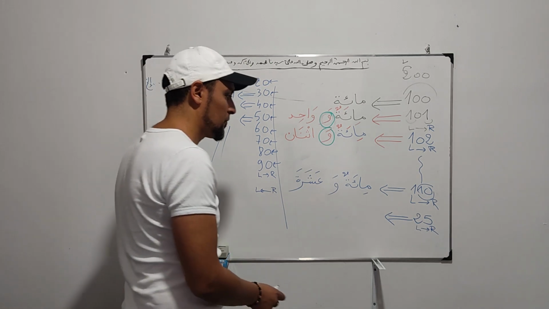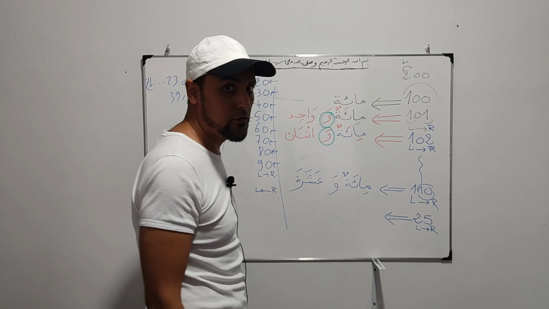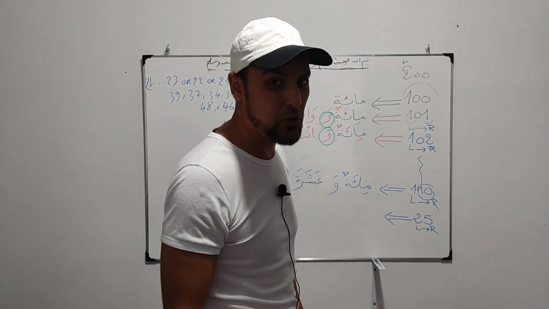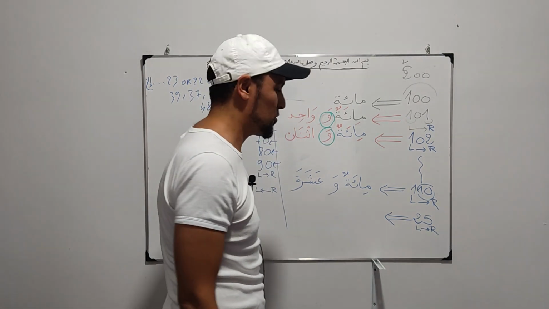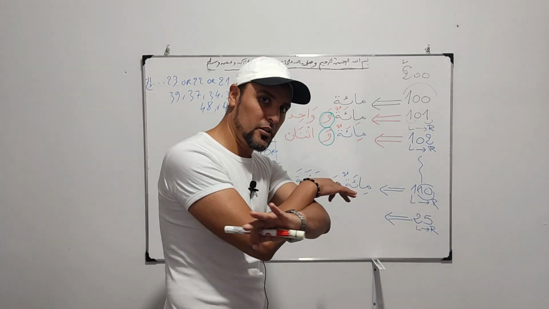For example, in English we say 25. In Arabic we say it from right to left, the contrary. Okay?